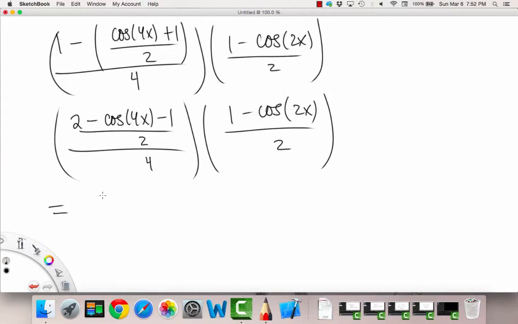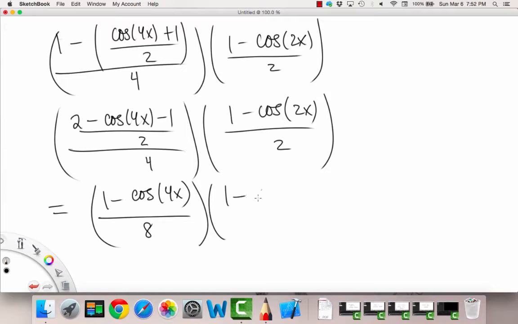Okay, so then on the top, we have 1 minus cosine of 4x, and we can combine the denominators into an 8, okay? So now we have something like this, and then we have 1 minus cosine of 2x over 2, okay? And then finally, we'll just get something like this. We're just going to FOIL out. We can combine the denominators into 1 over 16, so we can just get that out of the way.